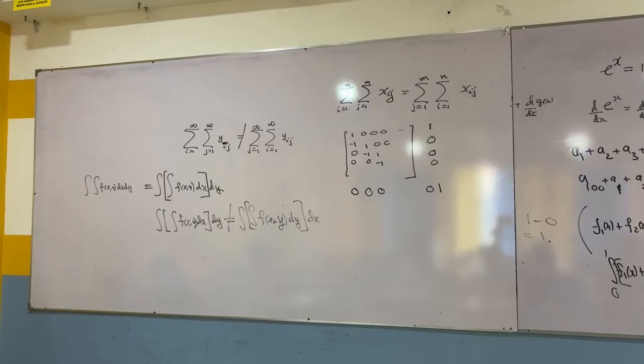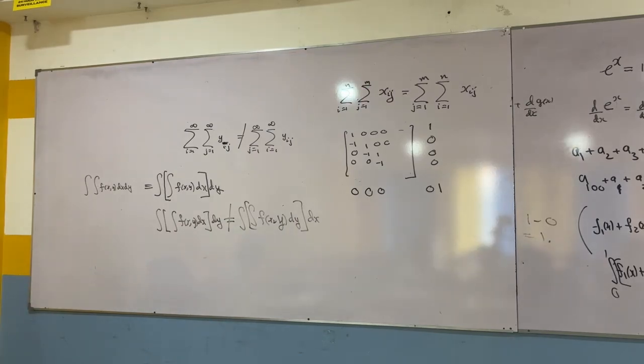Here he has an example. He has e to the minus xy minus xy e to the minus xy. This is a very famous example. So he has used that. You get two different answers. You know a little bit. Integration is addition.